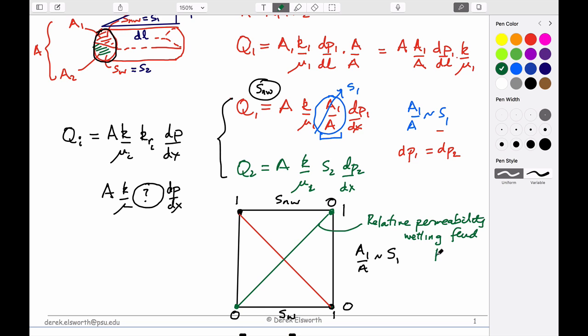And we'd call this KRW. And on this term, this would be the relative permeability, no surprise here, of the wetting fluid, water.